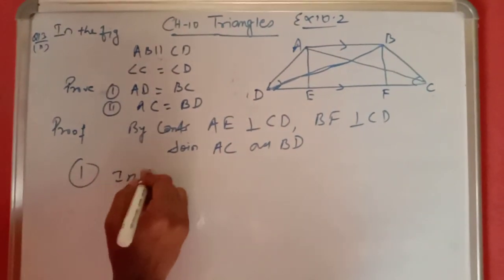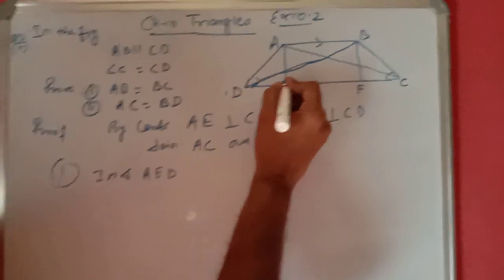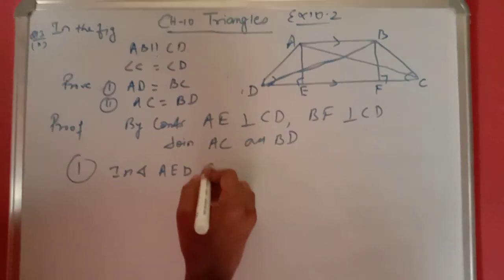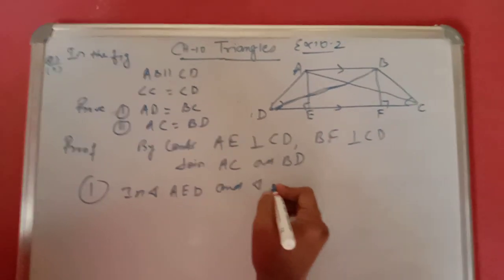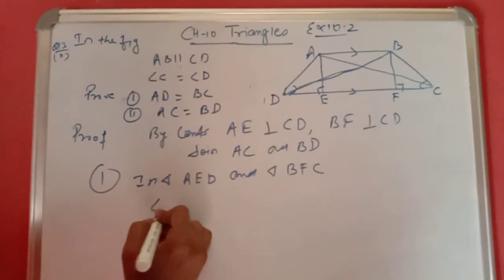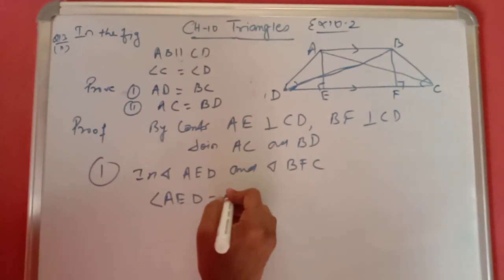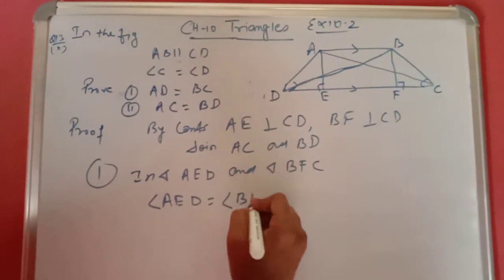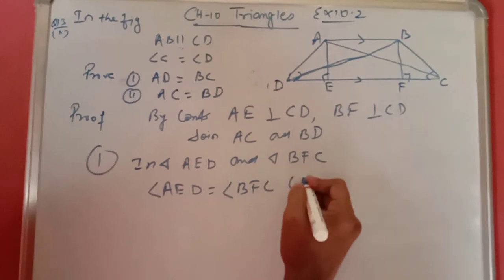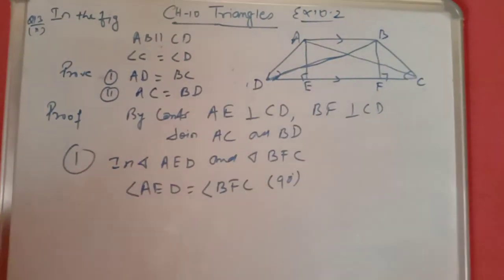In triangle AED and triangle BFC, angle AED equals angle BFC, because each is 90 degrees due to the perpendiculars.